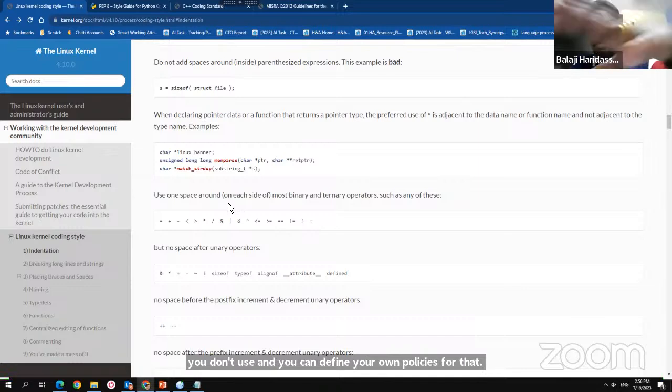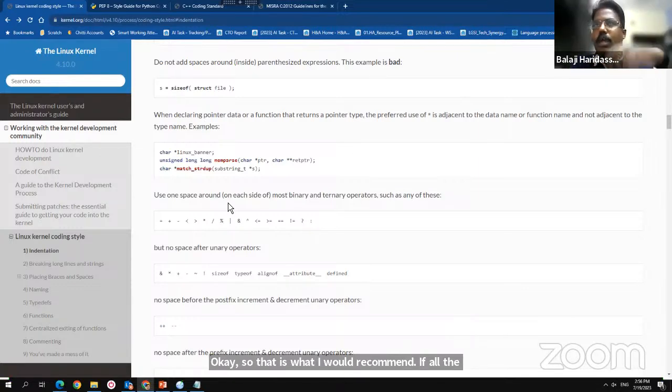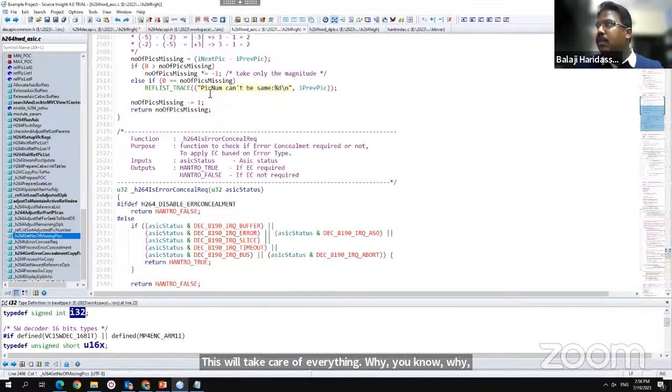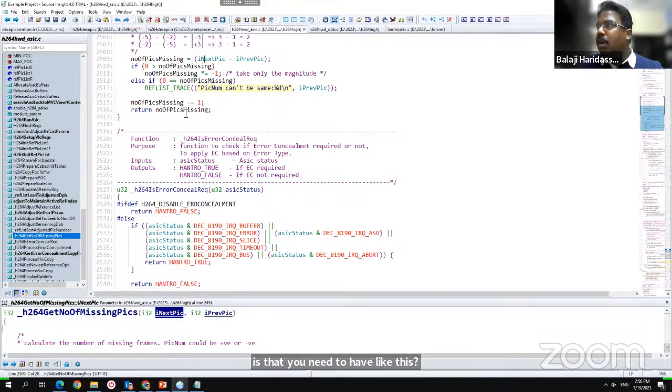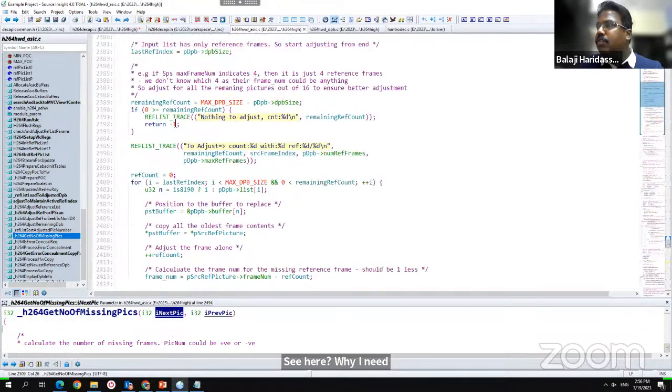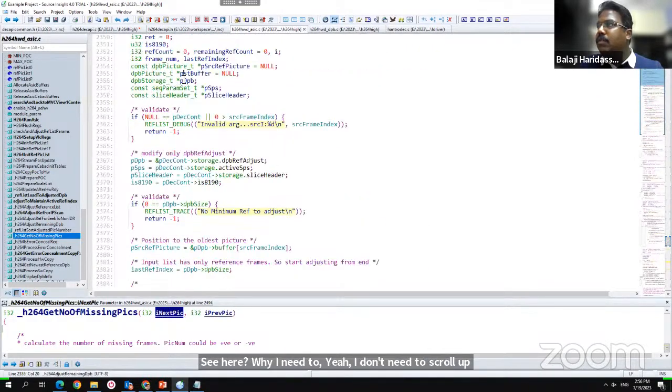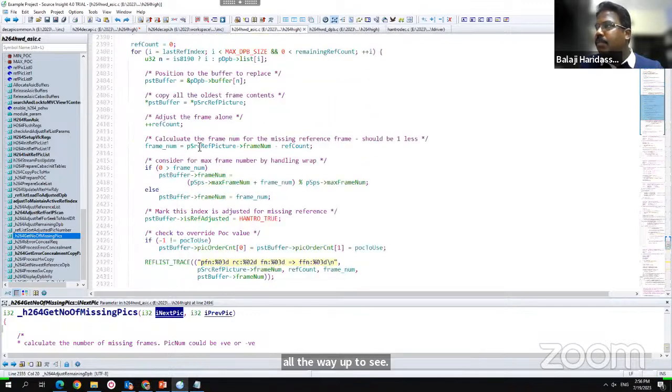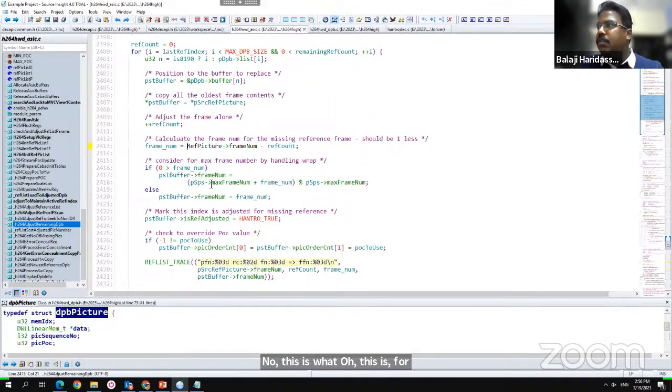If all the members across the college come together and then you define, I think this coding standard is good. This will take care of everything. Why is that you need to have like this? See here, why I need to prefix with I? I don't need to scroll up all the way up to see, for example, if I just don't give this rough picture, what is rough picture?